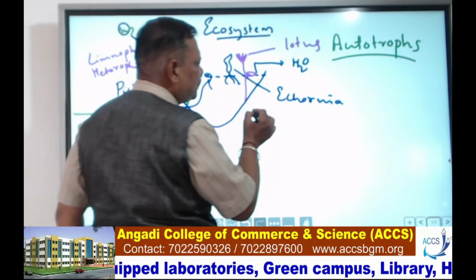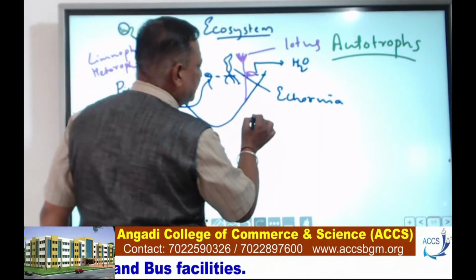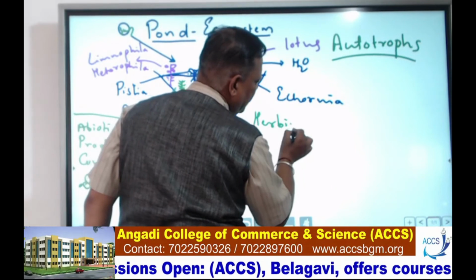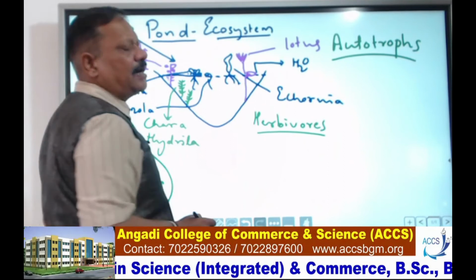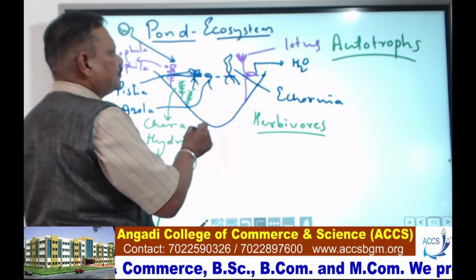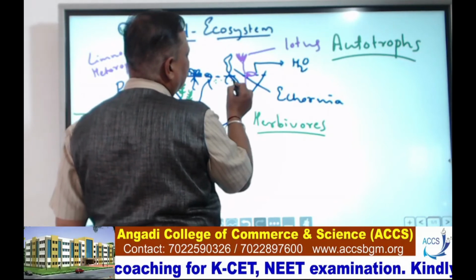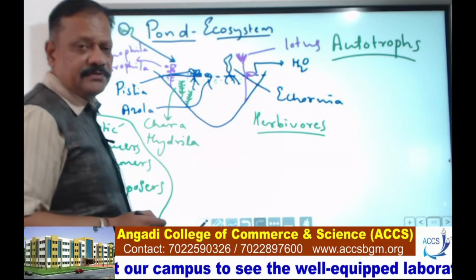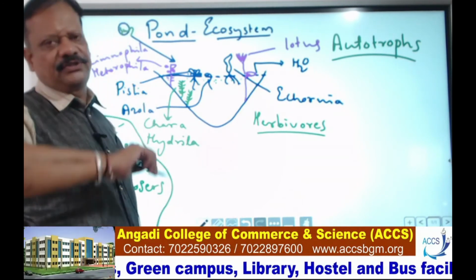Now, the consumers here, first are herbivores. The herbivores here, we can see the small insects which are moving along with the water current, and we are calling them zooplanktons.